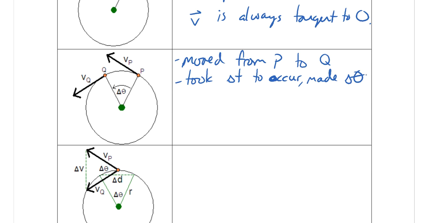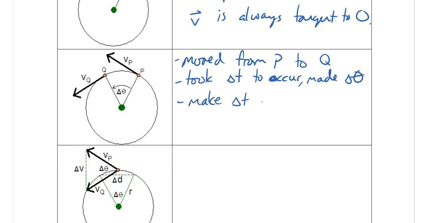Technically, you want to make the delta t infinitely small, which would bring the two points really close together. We're going to make the change in t approach zero.